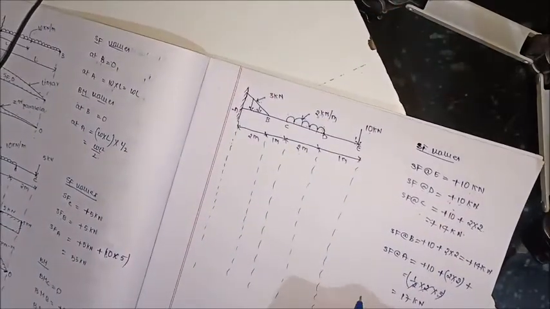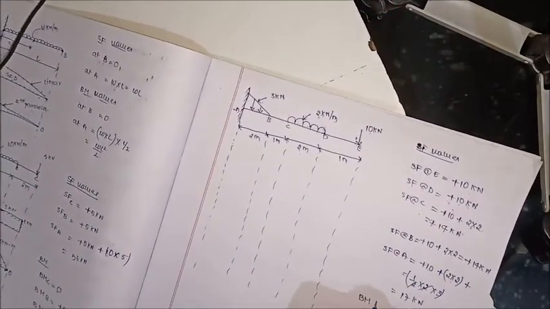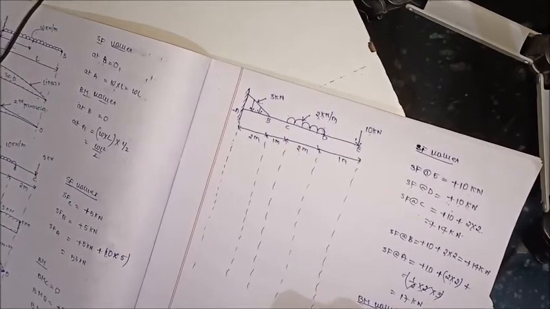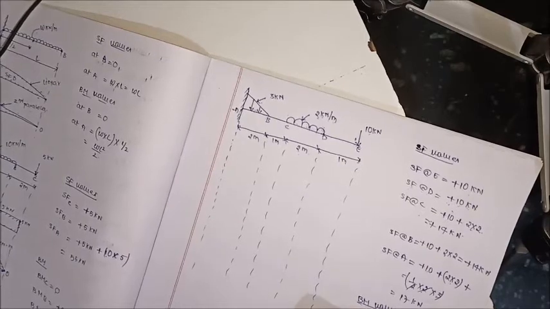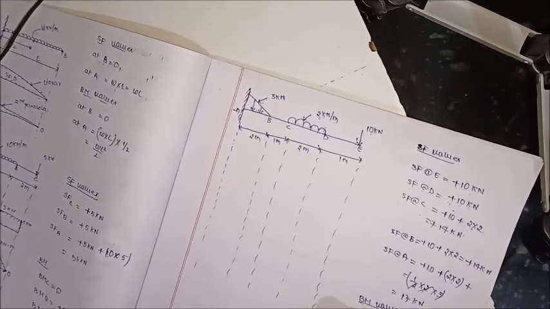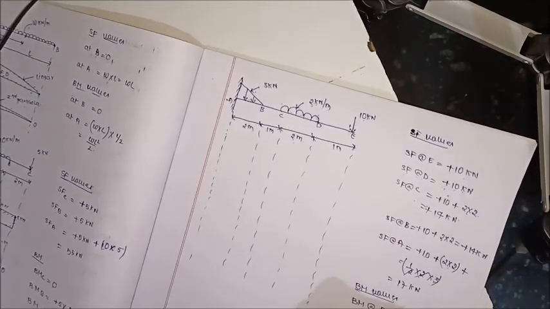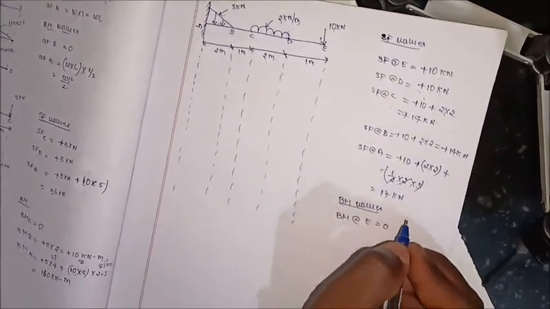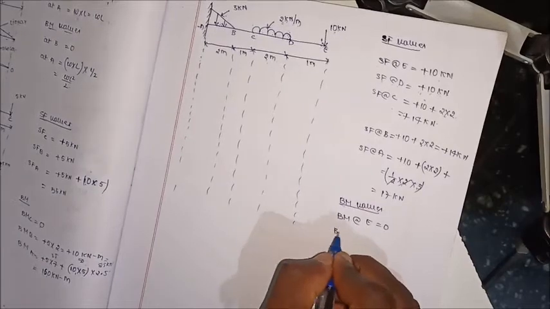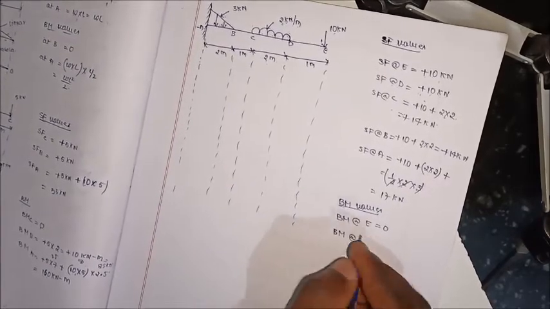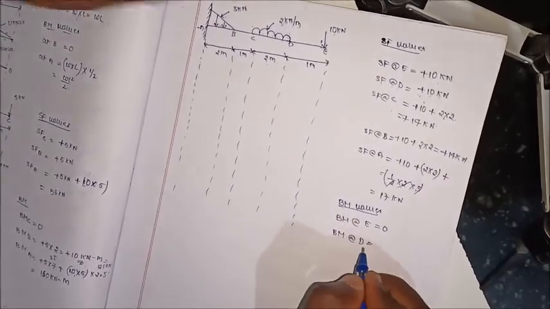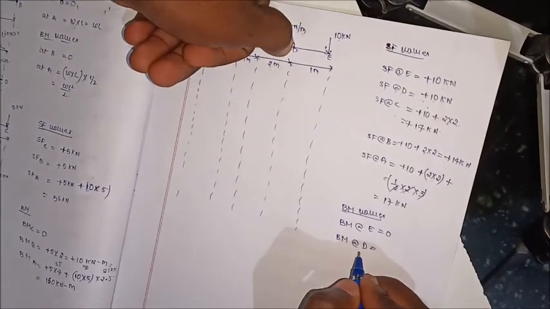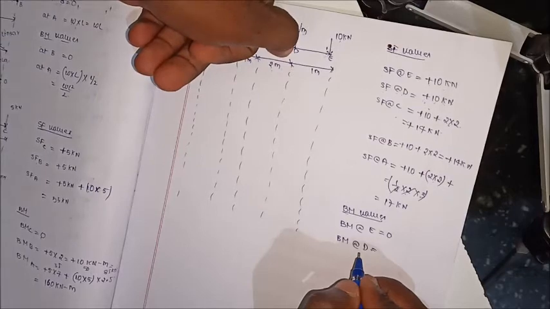Next, bending moment values. The bending moment at E is 0, because you already know the bending moment at the end of the cantilever beam is 0. Next, bending moment at D. The section is just left of D, so the UDL intensity is negligible.